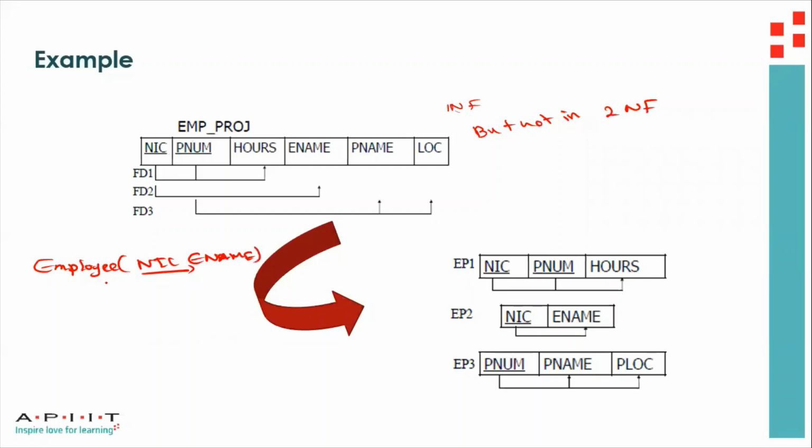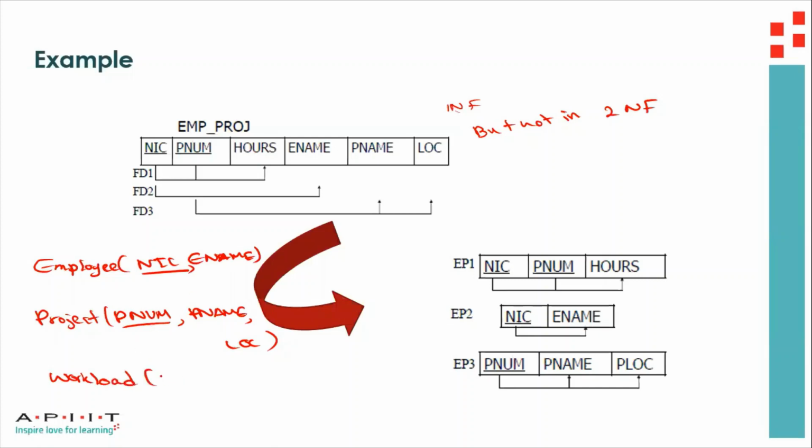So we would have an employee relation, and we would have another relation called project, right? For project, we need to have PNUM, that means the project number, and PName, that is the project name, and the location block, right? And here we have hours as well, working hours. So that means we could have another relation called workload, right?